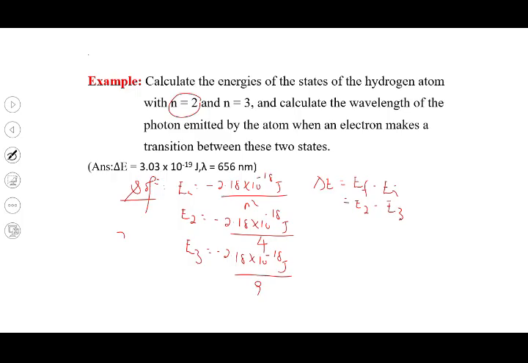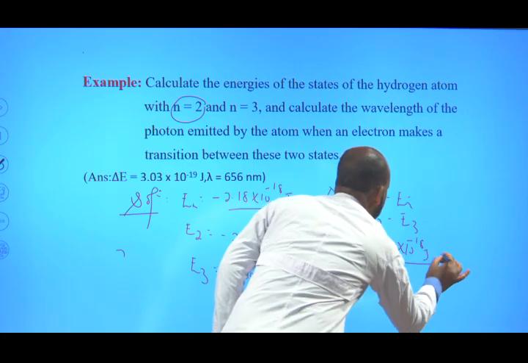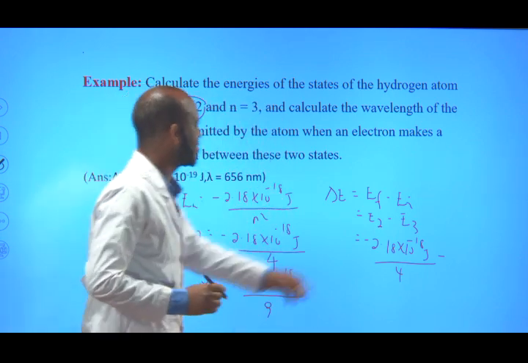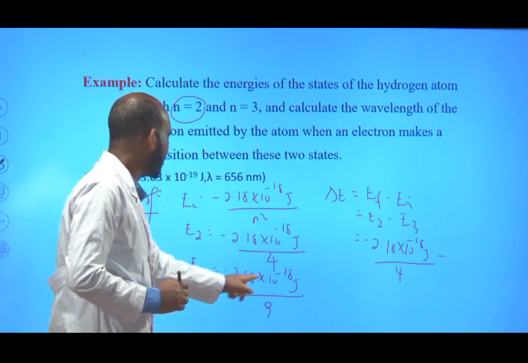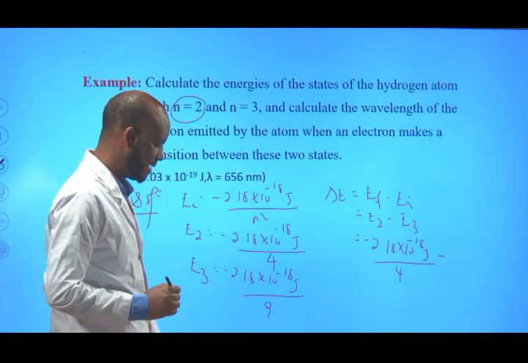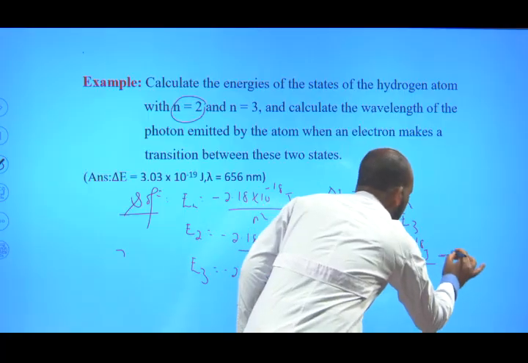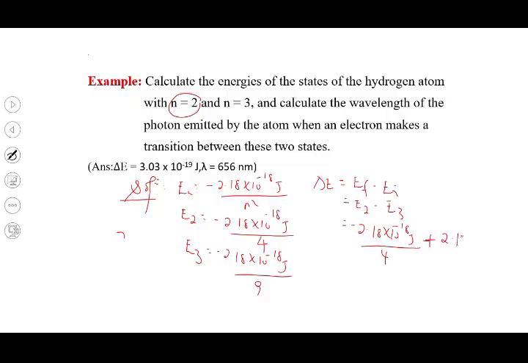The energy of an electron in the second orbit is minus 2.18 times 10 to the power of minus 18 joule divided by 4, minus the energy of an electron in the third orbit, E3, which is minus 2.18 times 10 to the power of minus 18 joule divided by 9. Minus becomes plus 2.18 times 10 to the power of minus 18 joule divided by 9.